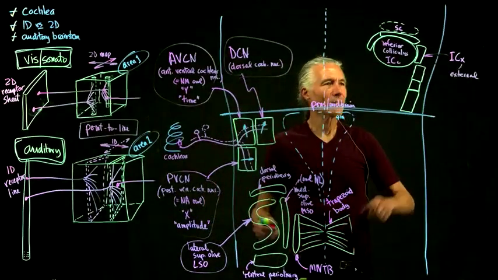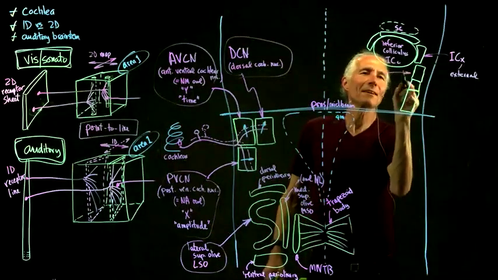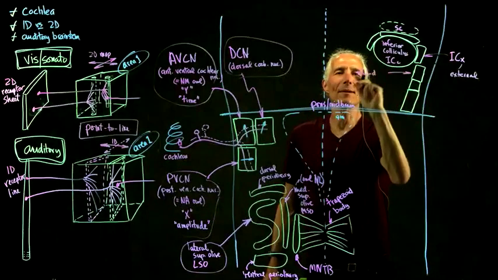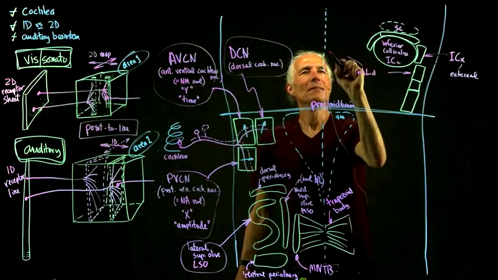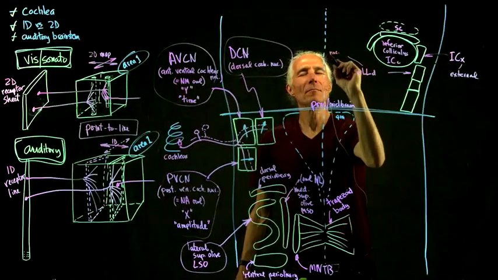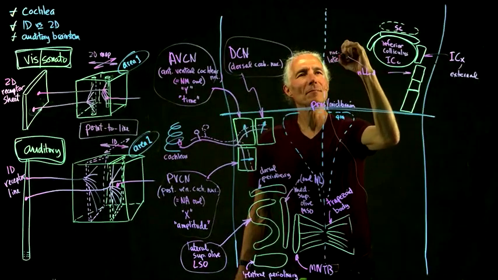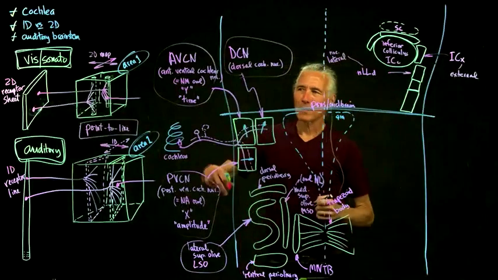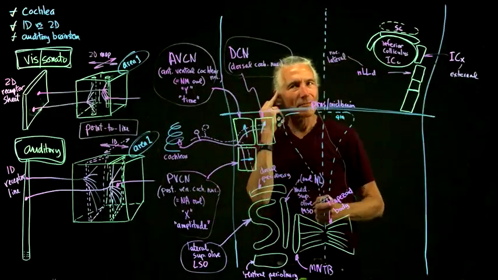And I didn't say what these guys were. These guys are the nucleus of the lateral lemniscus, dorsal part. So remember, the medial lemniscus was the projection from the dorsal column nuclei, like the cuneate nucleus, up to the ventrobasal.